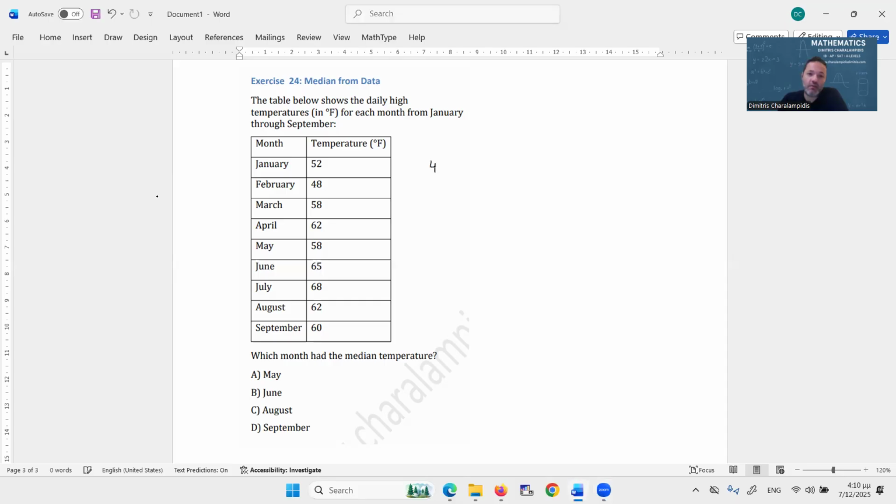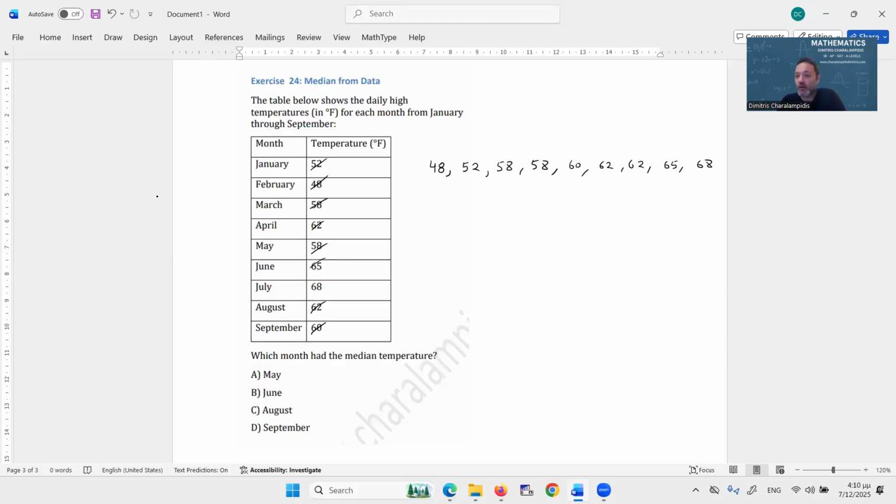We would get 48, then the next would have been 52, then 58, and we have it twice, 58 and 58. Then we would go to 60, then 62 and 62, then 65, and finally 68.